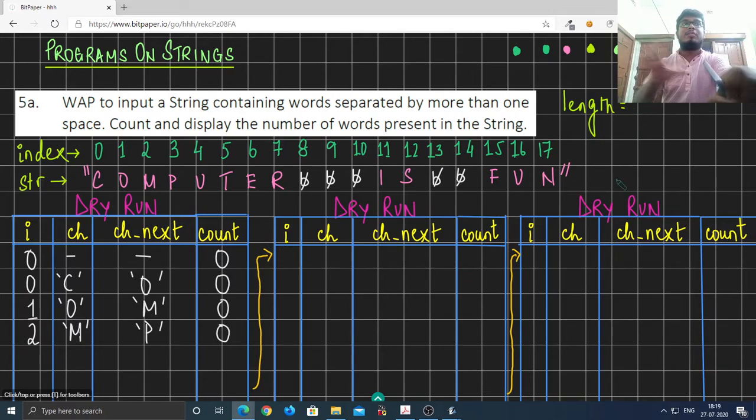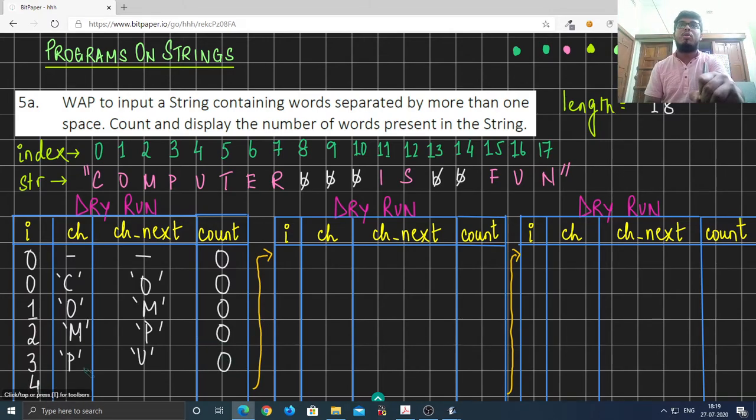Now, the length of the string is 18, mind you, therefore the valid index range for I would be from 0 to length minus 1, that's 17. Now we increment the value of I, it becomes 3. At the third index, we have the letter P, and the character next to it is U. P is not a space, therefore we ignore this, and we move.